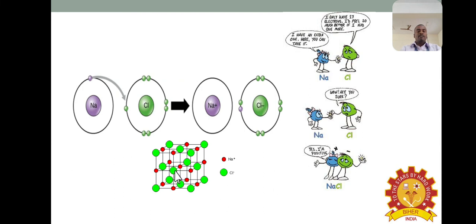In the crystal, the coordination number of sodium chloride is 6. Each sodium ion is surrounded by 6 chloride ions. Similarly, each chloride ion is surrounded by 6 Na plus ions. That's why its coordination number is 6.